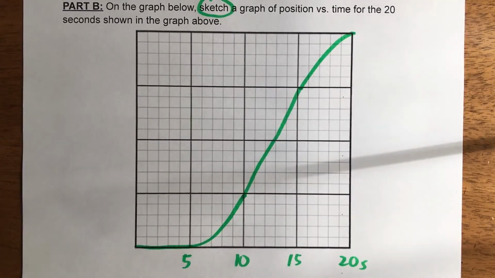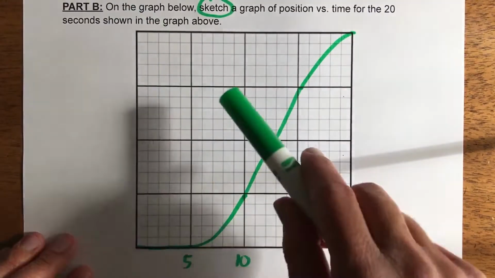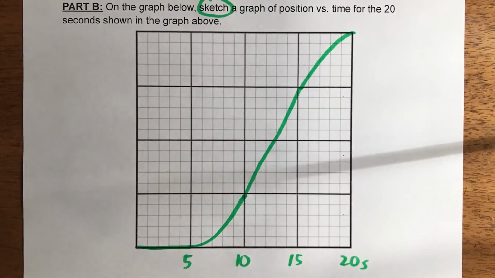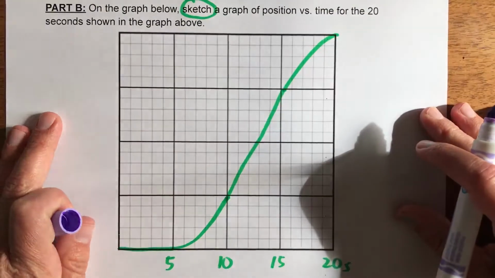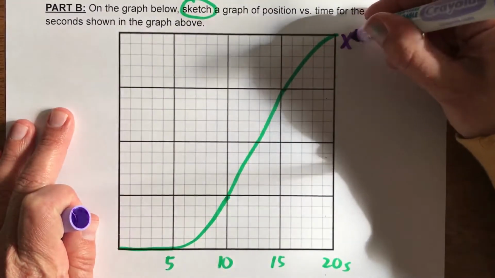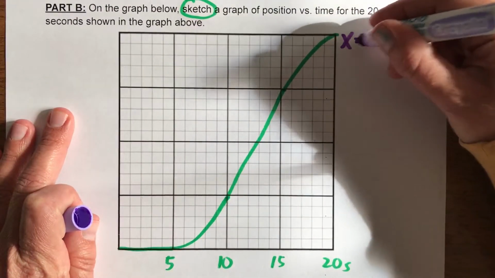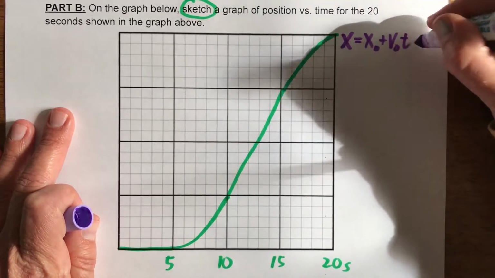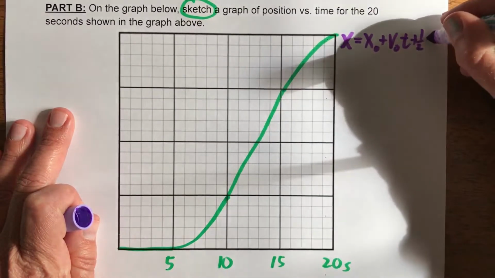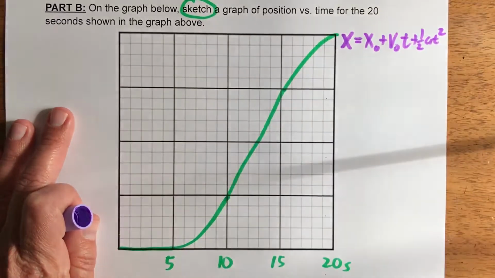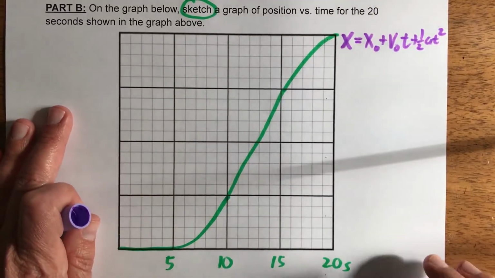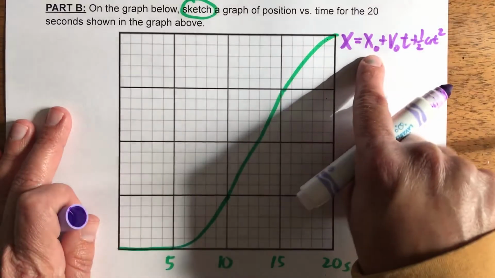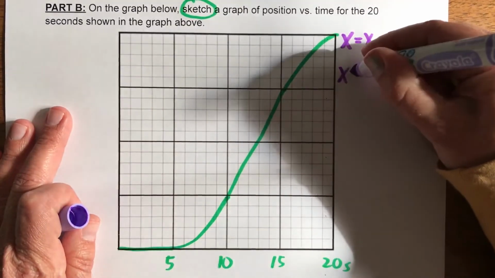Now, how could we actually figure out what all of these values are here? To do that, we would need to use the third equation. So the third equation says, I'm going to write it this way for this particular one: our final position is our initial position plus the initial velocity times time plus 1/2 times acceleration times time squared. Okay, so our initial position is 0, let's say, so we won't worry about that.